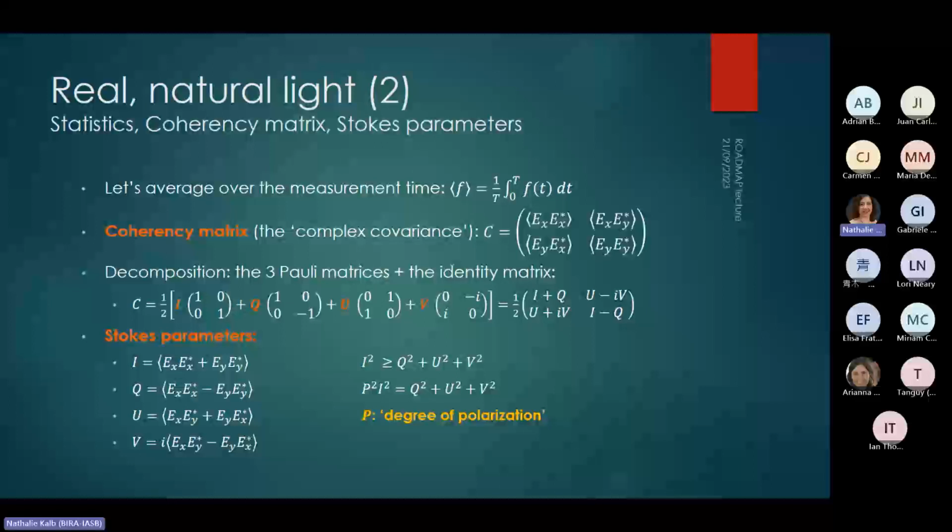From the properties of these kind of Hermitian matrices, you can derive that I squared is always larger than or equal to Q squared plus U squared plus V squared. However, you can make it an equality by introducing a factor P squared. This is called the degree of polarization. It plays a central role in polarization measurements. It's a number between 0 and 1: 1 perfectly polarized, 0 unpolarized.